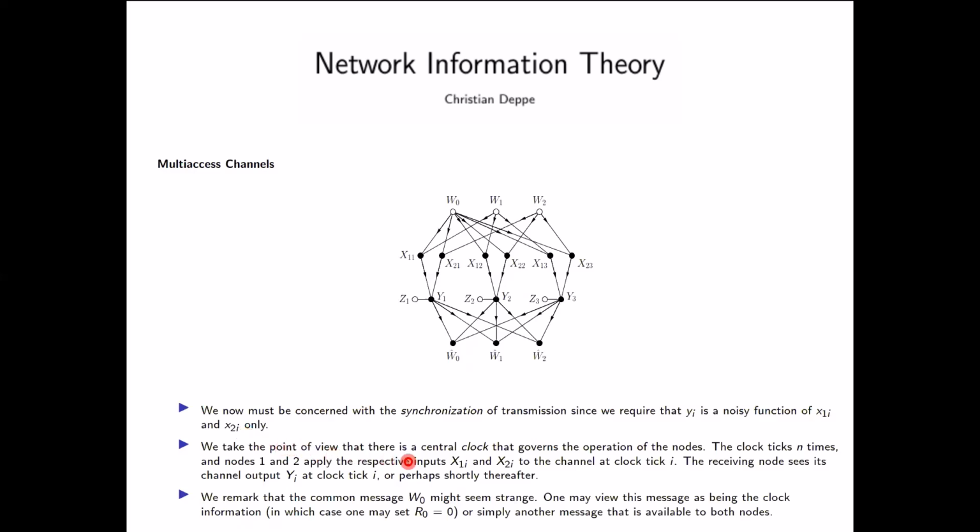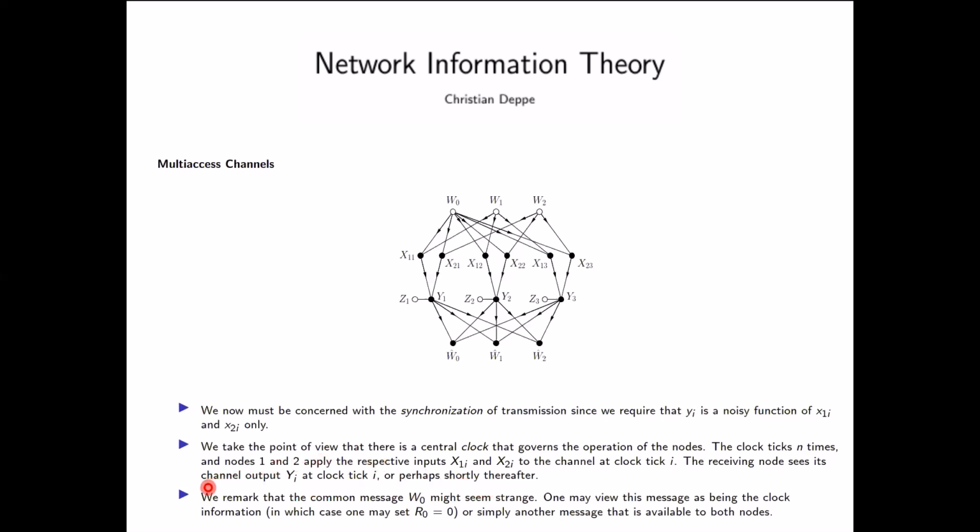So we can assume that there's a central clock, and this clock ticks n times, and x1i and x2i are sent at clock tick i. And the receiving node sees the channel output yi at clock tick i, or perhaps shortly thereafter.